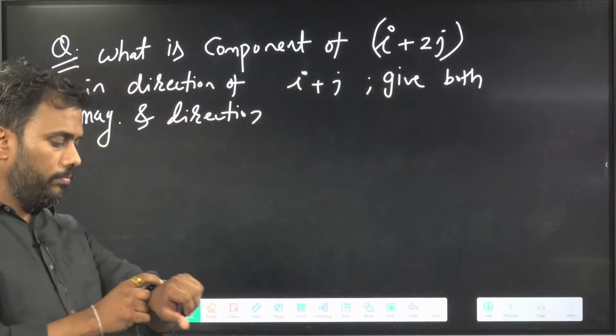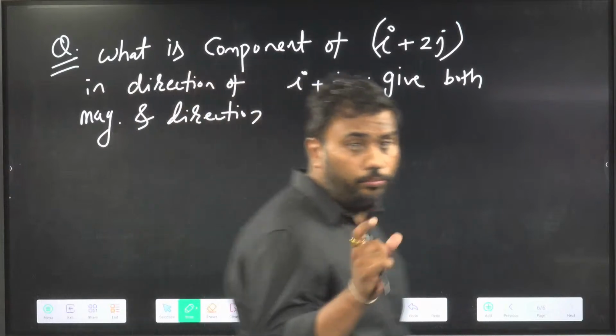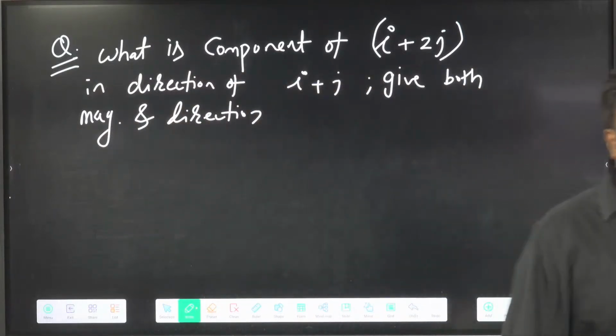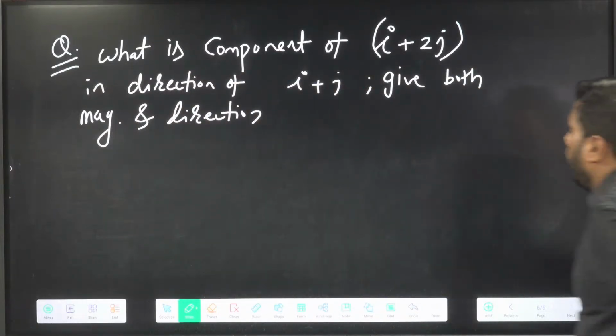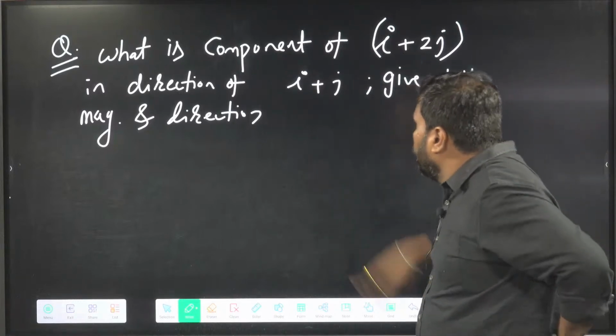I want both the magnitude of the component and give me the answer in vector format also. What is the component of I plus 2j in the direction of I plus j?